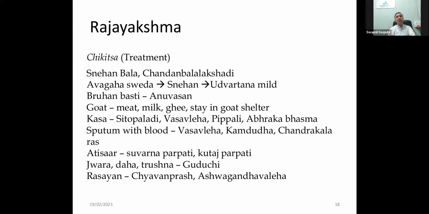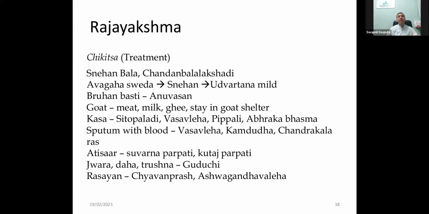So here, for Rajakshma patients, goats are kept in the shelter, and the patient is told to live in that and consume whatever comes from the goat, so meat, milk or ghee.